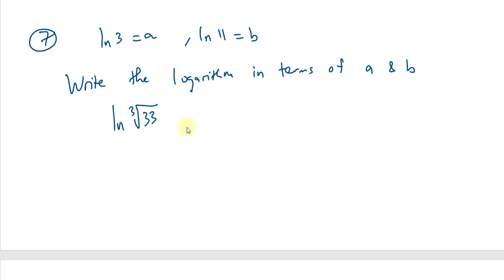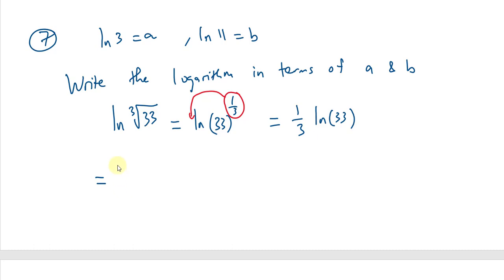So how do I do that? Somehow I have to relate 33 to 3 and 11. I know that I can use the properties of the logs. So first thing is, I know that the cube root of 33 means the power of 1/3, right? And then using the power rule, I can bring it down to the front. So 1 over 3 ln of 33. I know that 33 is 3 times 11, right? And this is the product rule.